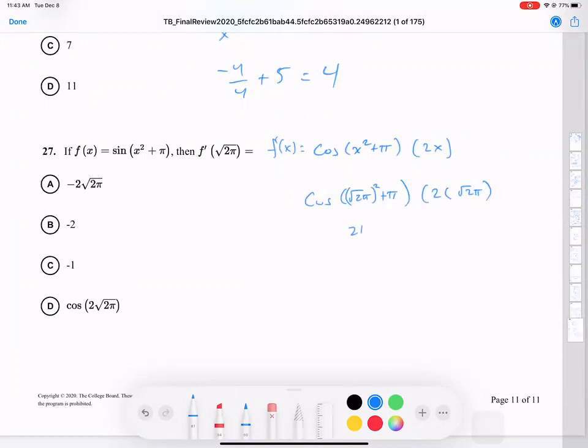The square root cancels with the square, leaving 2 pi plus pi, and then 2 square root of 2 pi. That gives us 3 pi times 2 is 6 pi square root of 2 pi. Oh my gosh, that's not one of my answers. What did I mess up here?